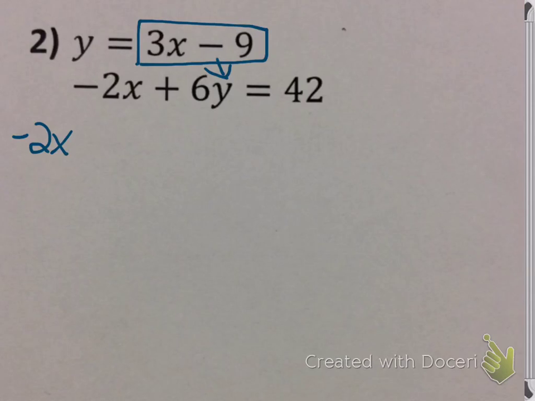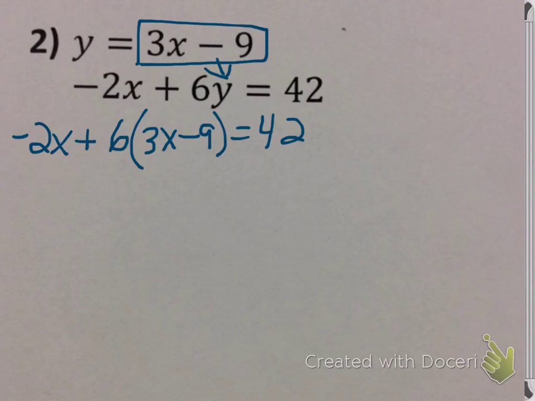So substituting that into the bottom equation, I have a negative 2x plus 6 times 3x minus 9 equals 42. So this is going to have some distributive property going on here. So let's not forget we got to take that 6 through to both parts of the parentheses there.